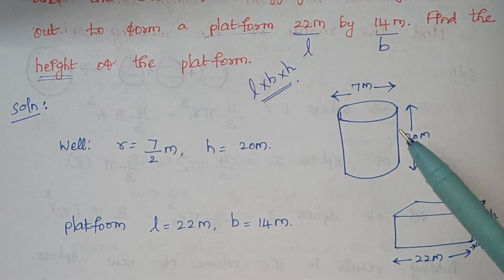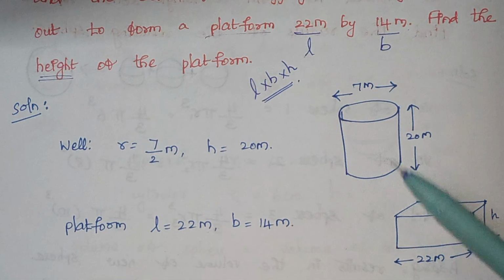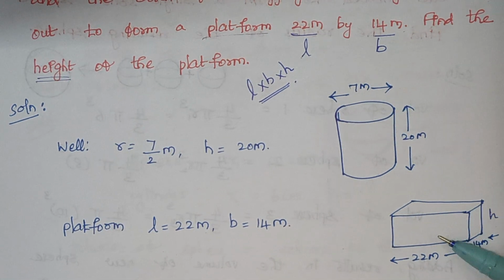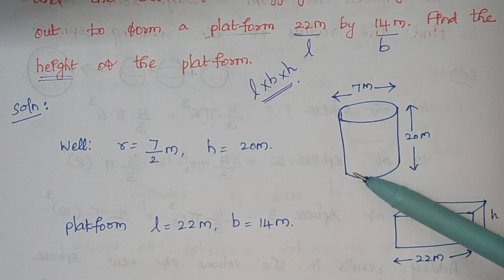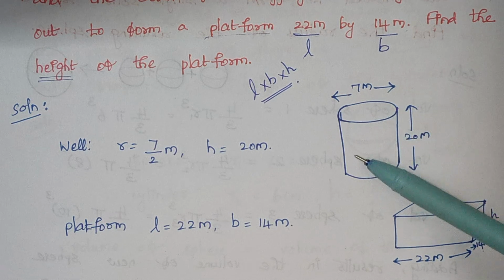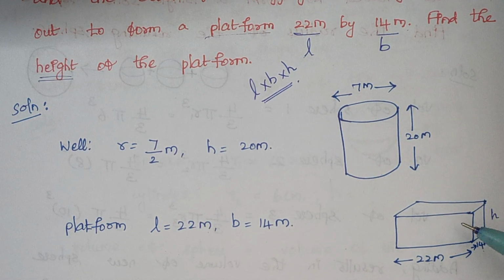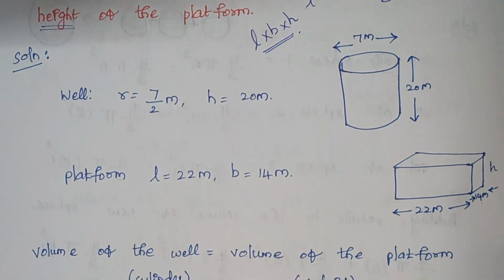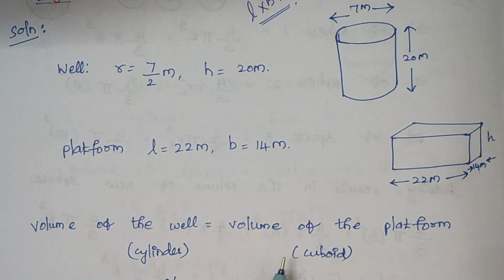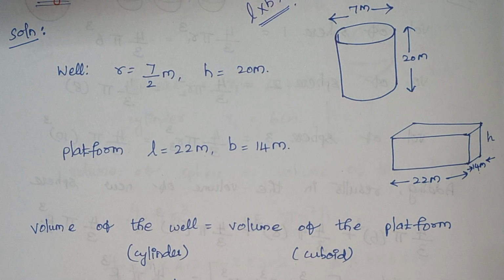So volume of the cylinder is equal to the volume of this cuboid because the soil which is removed from this well is transformed into a cuboid here. Therefore, volume of the well is equal to volume of the platform. In other words, volume of the cylinder is equal to volume of the cuboid.